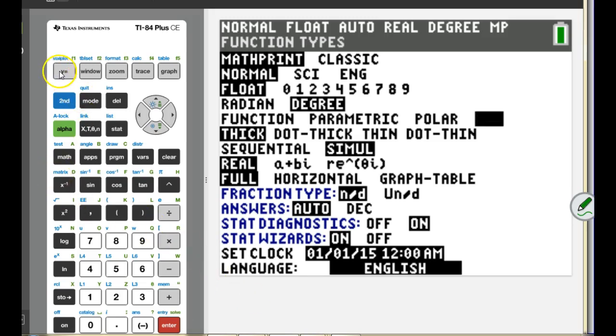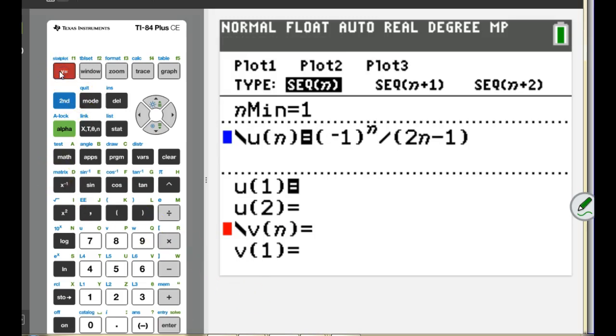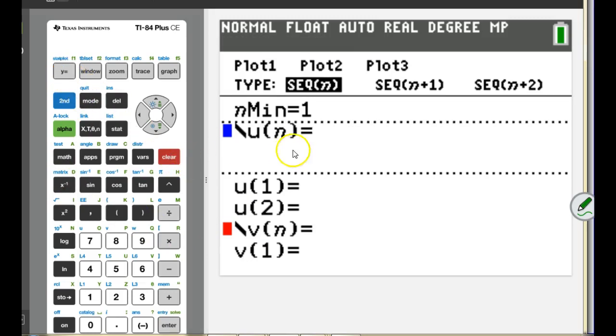Okay, then if you go to your Y equals button, you have some crazy business in here. N min again is saying it's going to start with the first term. The second thing it wants here is the formula. This is nice. Does yours, the older calculators just say U sub n min here, right? Does yours say U sub 1, U sub 2?